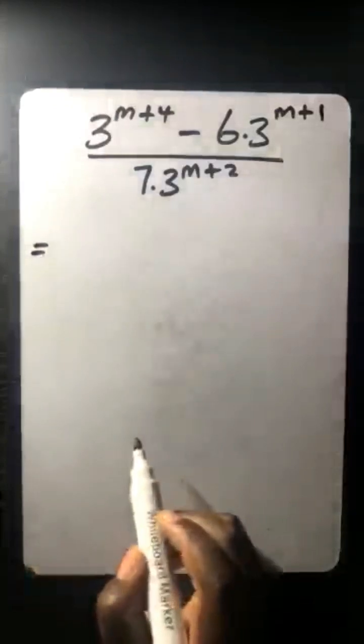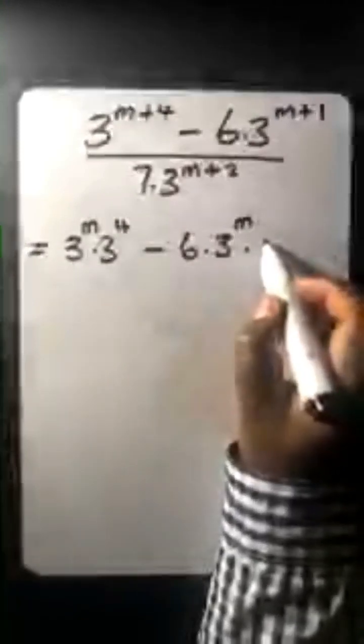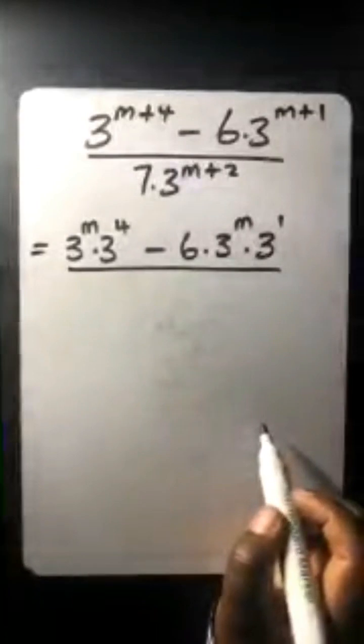Let's see. If you remember, there is that law where we can separate the exponents, meaning we have 3 to the exponent m multiplied by the same base to the exponent 4, minus 6 multiplied by 3 to the exponent m multiplied by 3 to the power of that one.